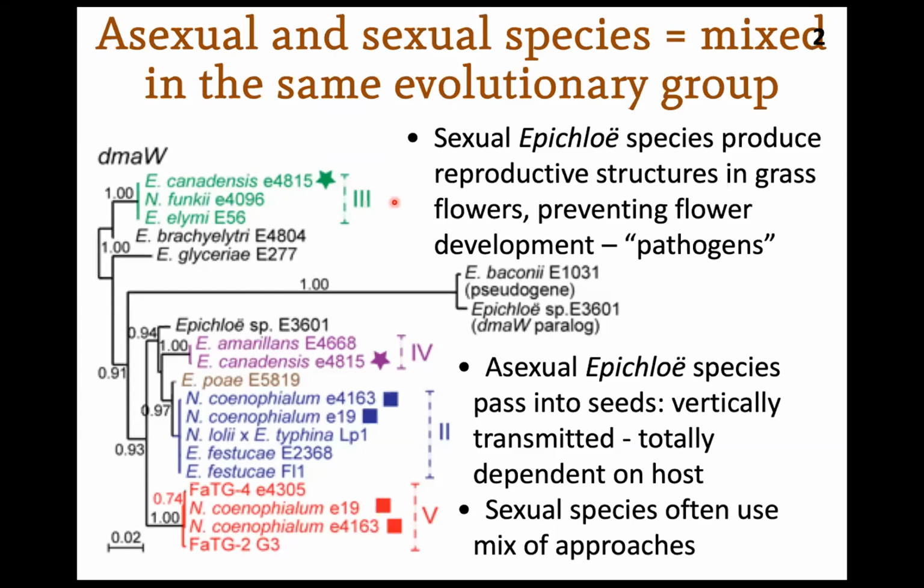And there's actually a kind of a continuum. So some of the sexual species will sometimes produce their sexual reproductive structures and kill off the host grass flowers, but sometimes they won't. They'll just go through the asexual cycle and grow up into the seed. So the sexual species can use a mix of sexual and or asexual approaches to reproduction.